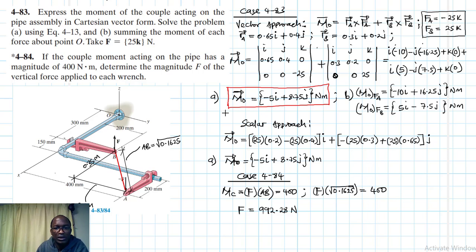We realize that the summation MO itself due to 25, you can also do the same to arrive at the same solutions. Then we have these individual moments due to each individual force about point O. Then we have F here giving the couple moment on the pipe.